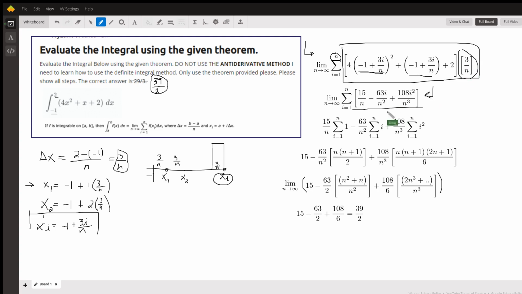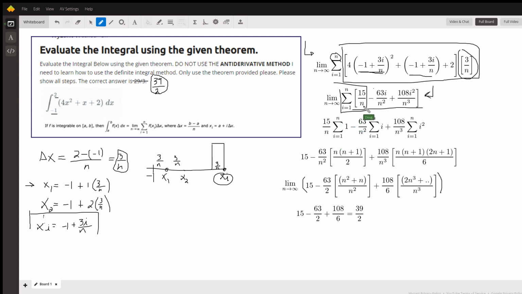Okay, and now we're going to use some theorems on summation notation to distribute the summation notation times each term inside the brackets, moving constants out front. So this term right here will become 15 over n. n is just a constant, so I can move that out front, times the sum from i equals 1 to n of just a 1.